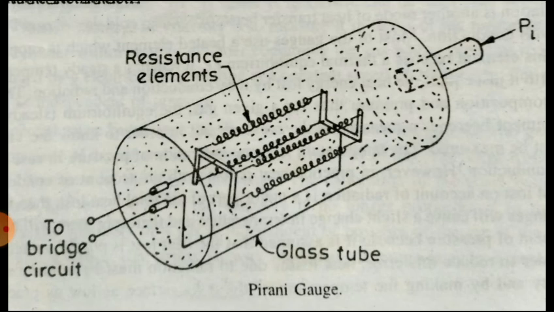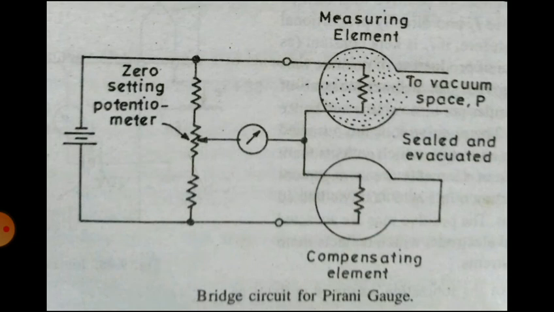The cold surface is the gas tube. The Pirani gauge is connected in one of the arms of a Wheatstone bridge for measurement of the resistance of its heater element. So you can see the bridge circuit for the Pirani gauge.